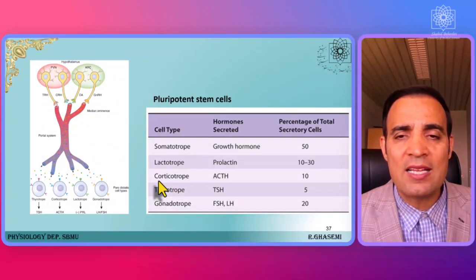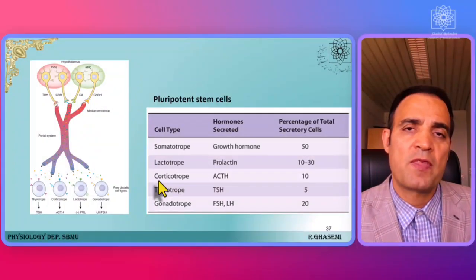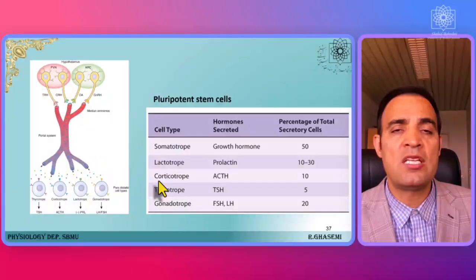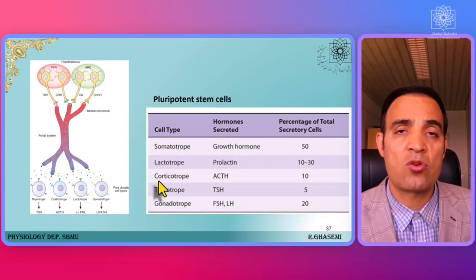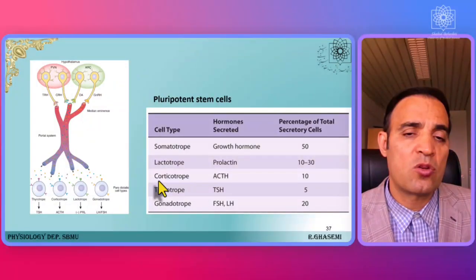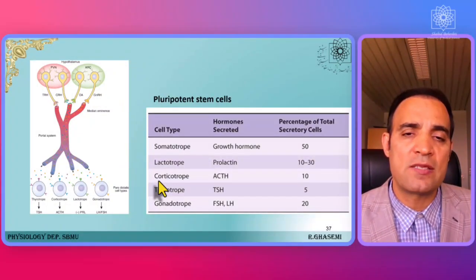But you should know that these cells and these populations are not fixed. For example, during puberty and after puberty, when we need and release much more growth hormone, this population may change. During pregnancy, the corticotrope and thyrotrope populations will increase.